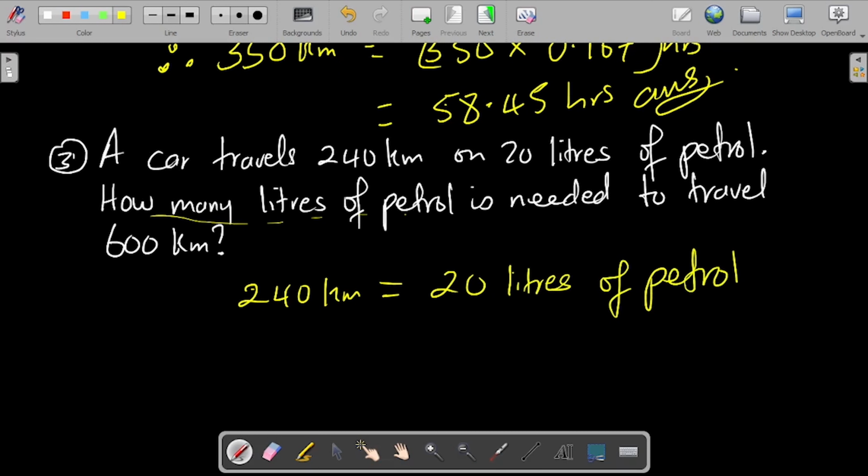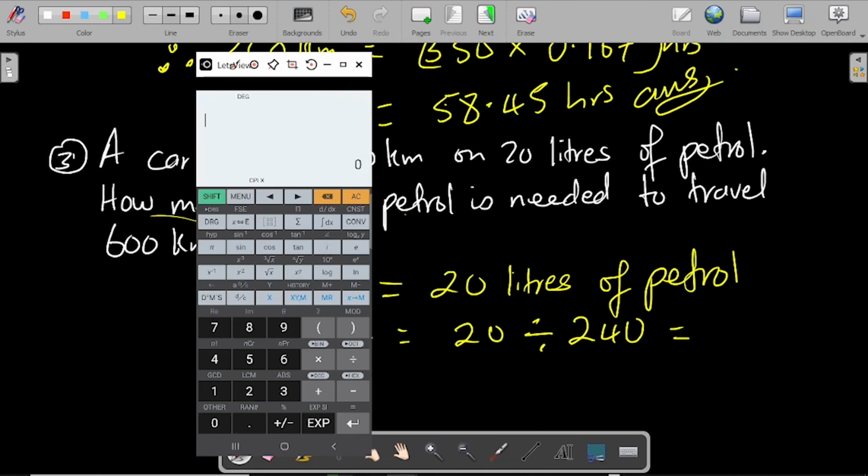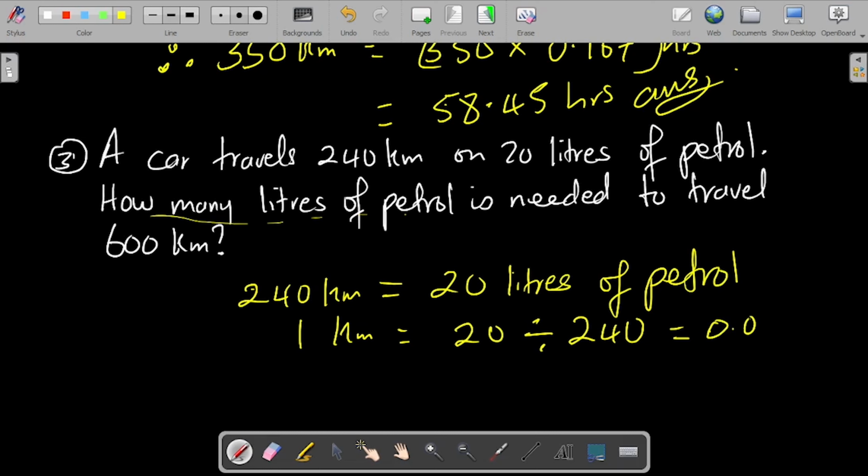Then 1 kilometer would be equal to 20 divided by 240, which is equal to 0.083 liters.